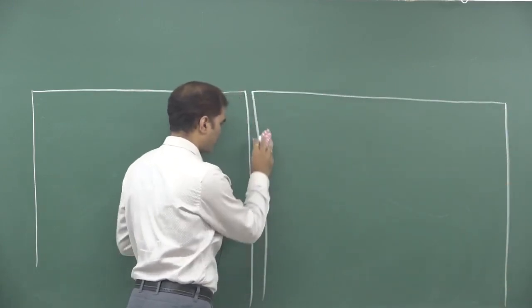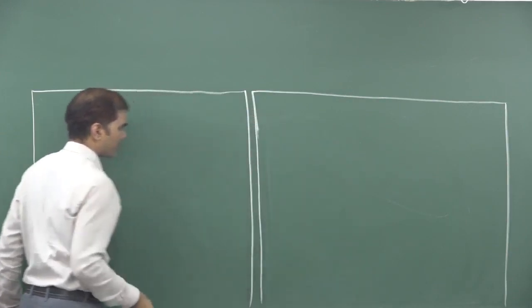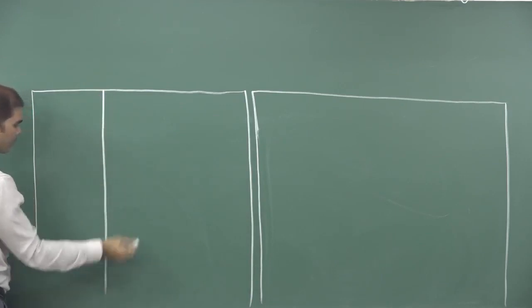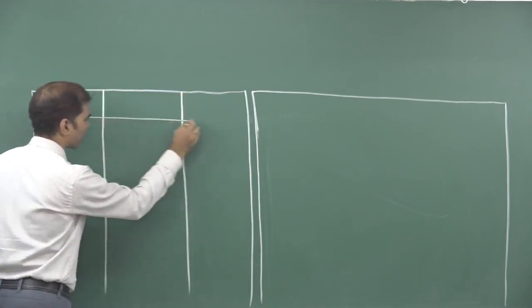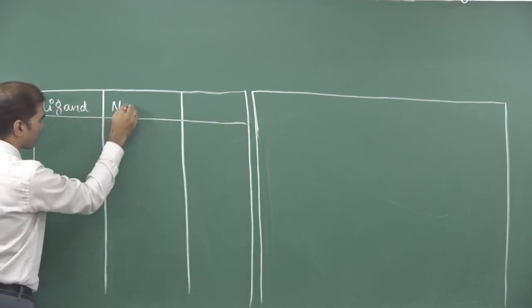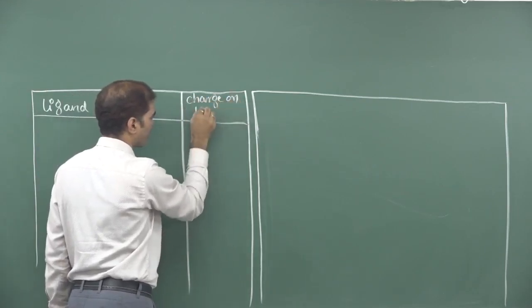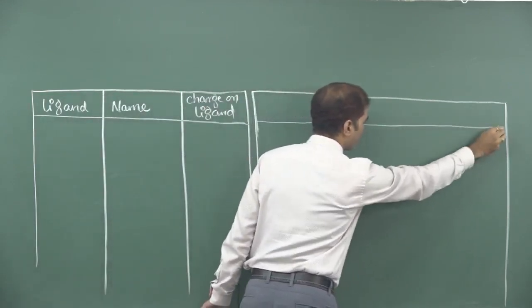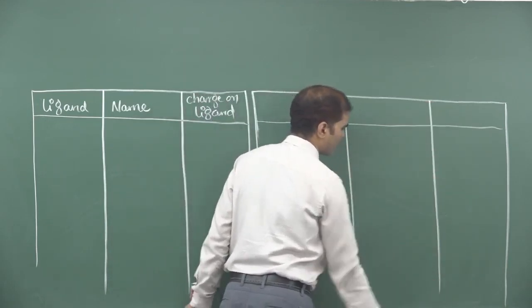I am taking two tables, you just take one. Three columns. One is ligand, second one is its name, third one is charge.